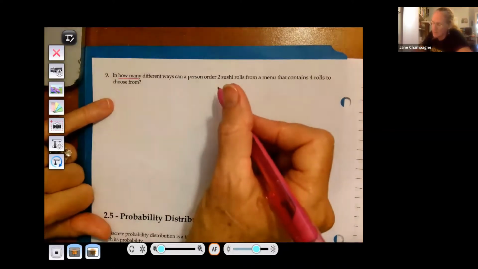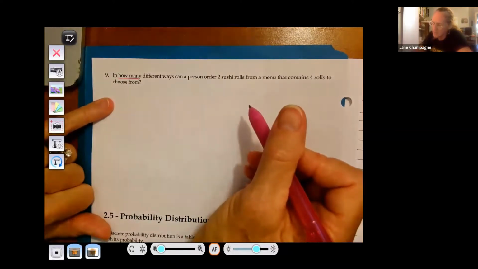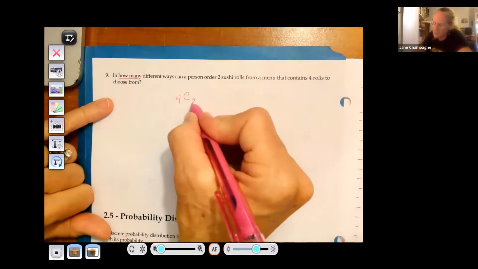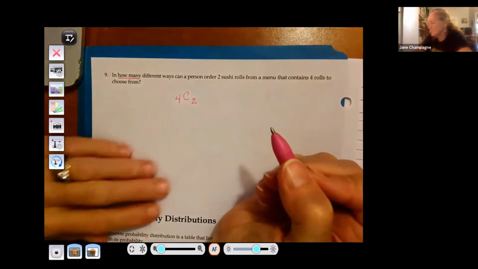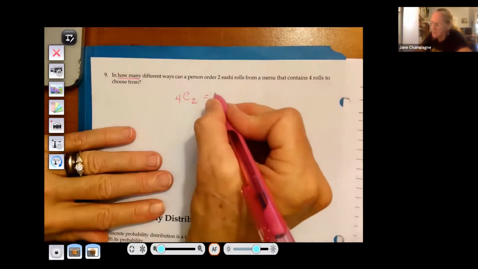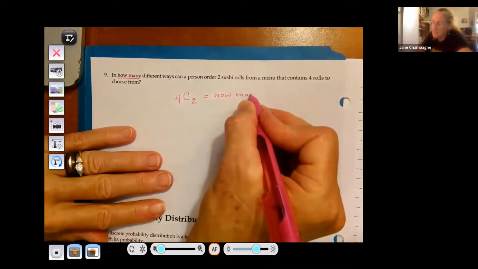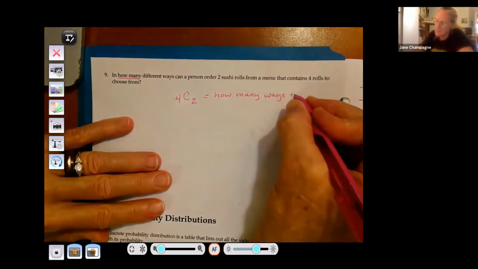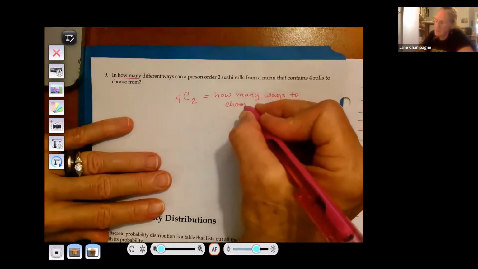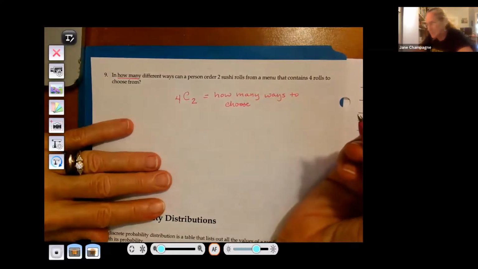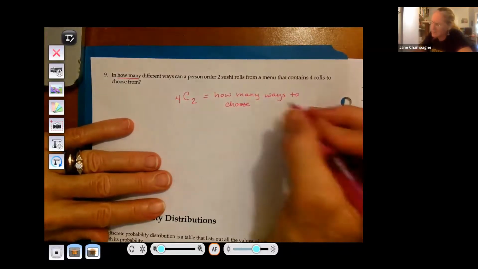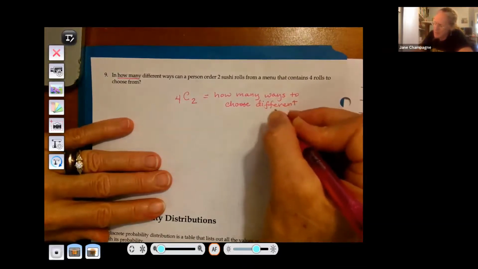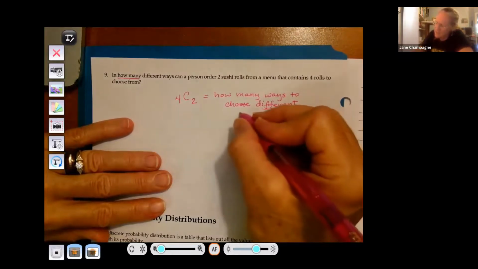Now, the one thing that's going on here that would be different from just choosing 2, 4 choose 2, which would be how many ways to choose 2 different. You might notice that we always wanted different cards, different committee members. We never wanted to choose the same one twice. So this one doesn't specify that.